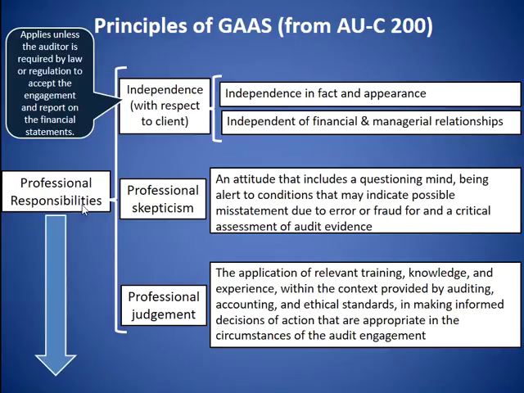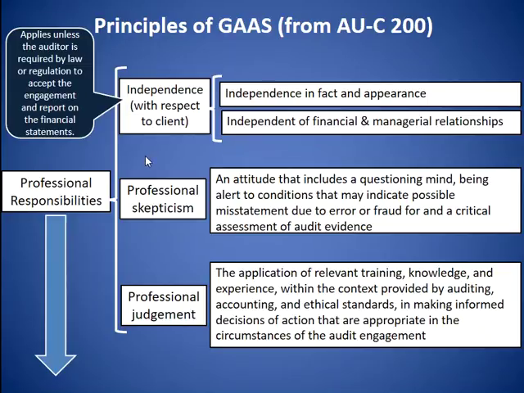Now, in terms of professional responsibilities, and again, it's stated within the audit standards, the auditor must be independent with respect to the client, and we talked about that under the AICPA audit standards, in terms of the auditor's responsibility for making sure that they're independent with respect to a client.